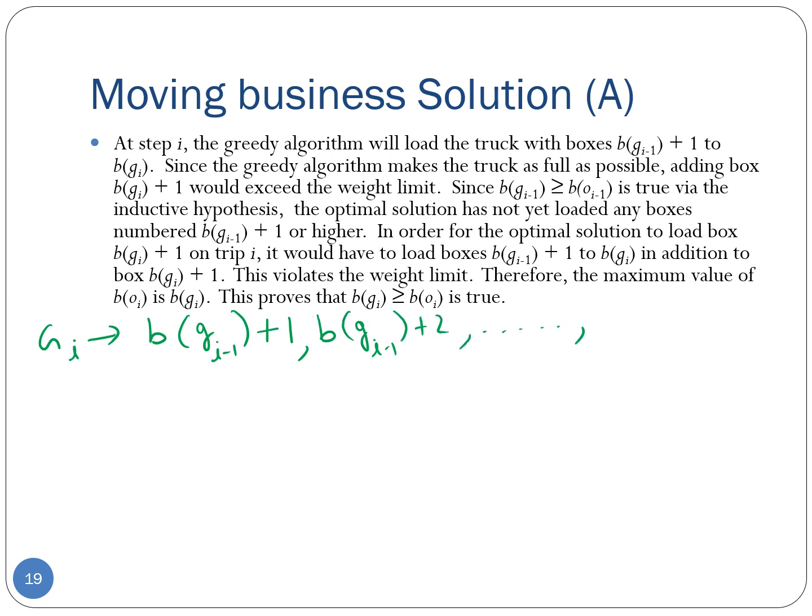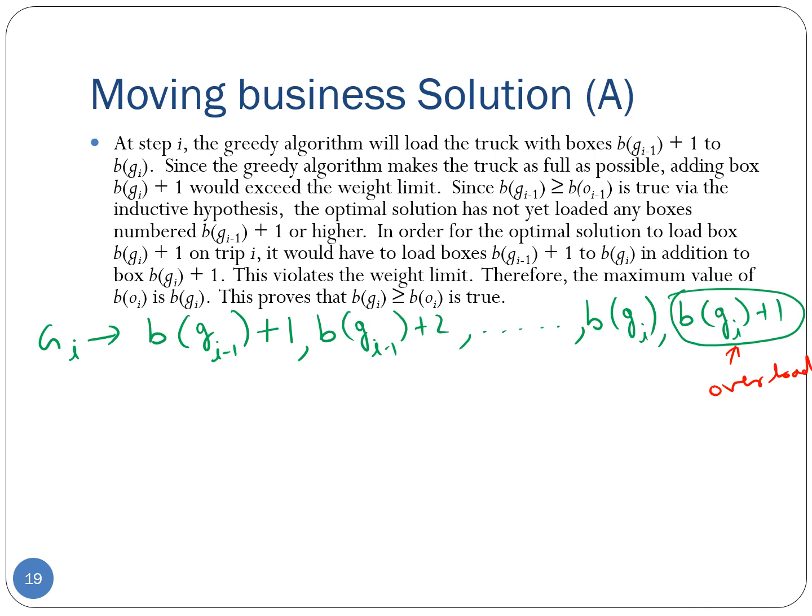The largest box number that it will send would be b of gi. Okay, and after this the truck would be at capacity such that loading the box b of gi plus 1 would make it overload. Okay, so this box cannot be loaded.